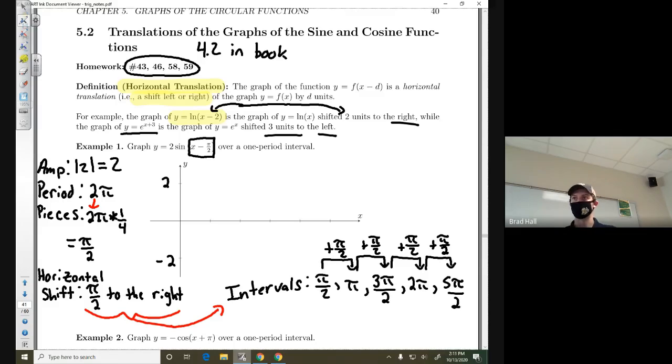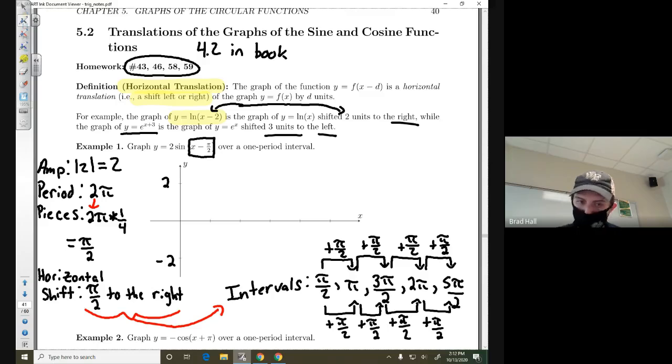Because it's pretty much 2 plus 1/2, which is 5 pi over 2. Really should have done it like this. Plus pi over 2. I'm just rewriting the same thing. So then I can erase this so it doesn't get in the way of the graph.